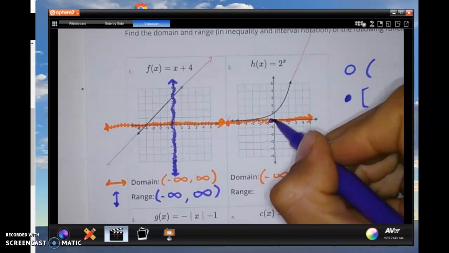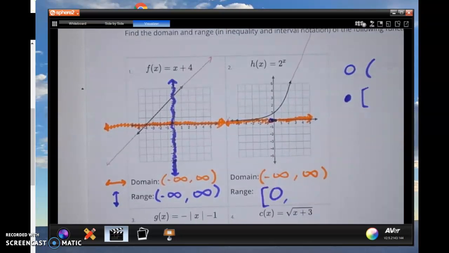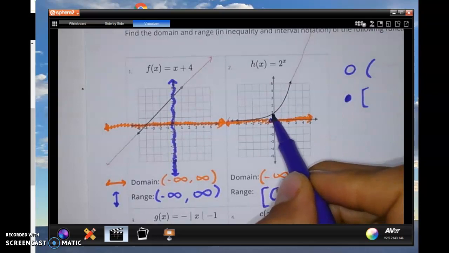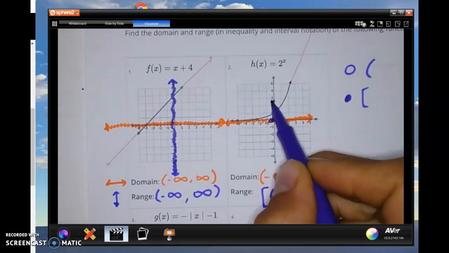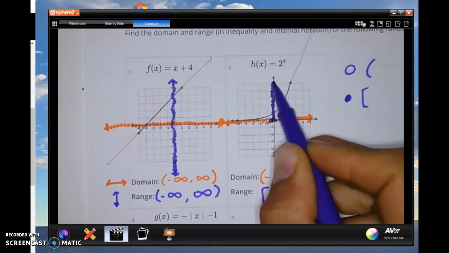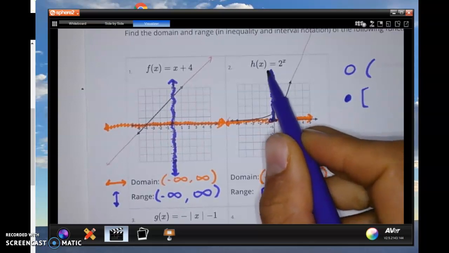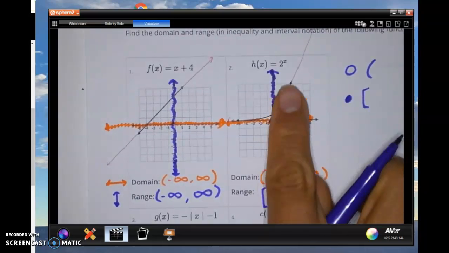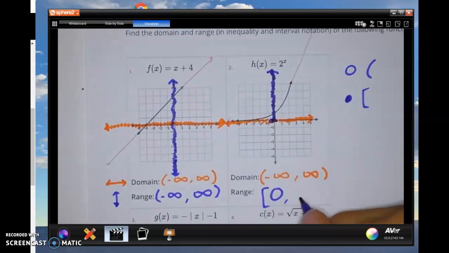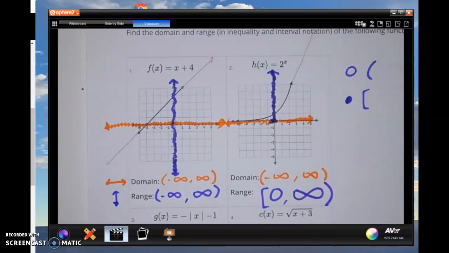So we're starting right here, and we're moving upward, and because our graph continues to grow upward, we will continue to positive infinity. Not always do arrows mean we keep going downward. It really just means that we are continuing to the left.